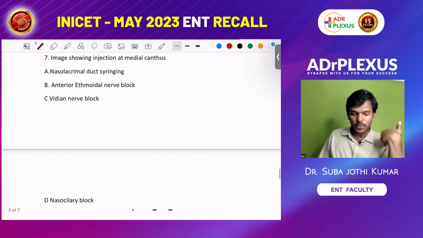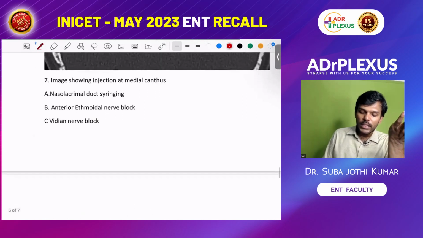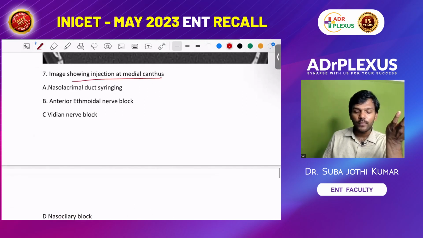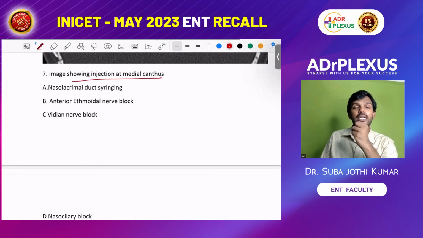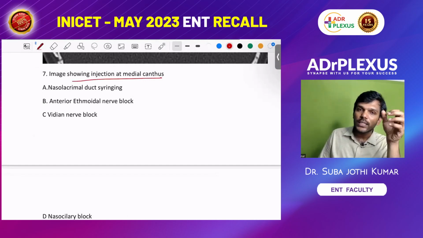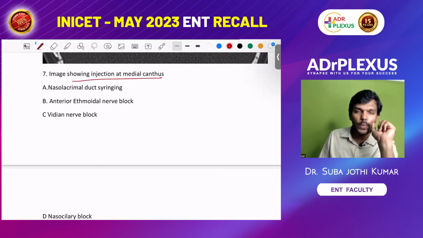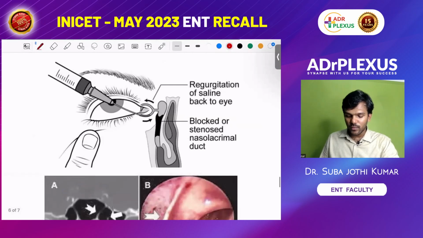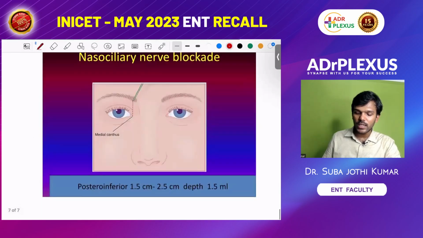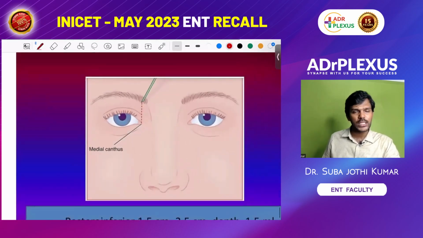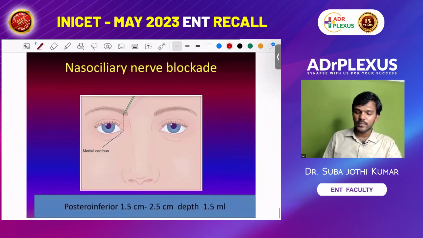These were the options according to a few people. In that question, the words nerve injected at medial canthus were not there, some are telling. But some are telling that the word nerve was there in the question. Whatsoever, the picture given was similar to this.